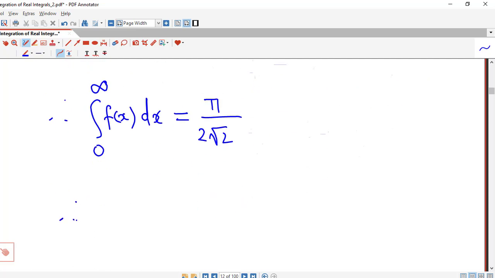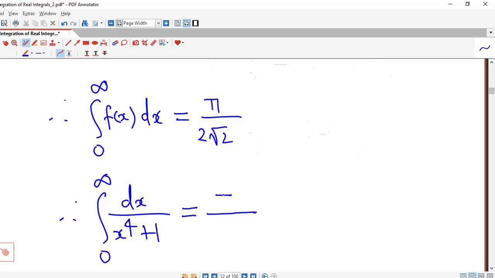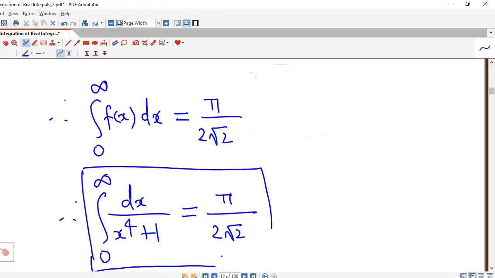And finally we substitute what is our f(x), it is 1 over x raised to 4 plus 1. So the value of this integral is pi over 2 root 2, that we have shown using the residue theorem.